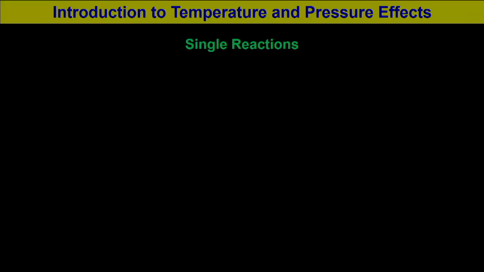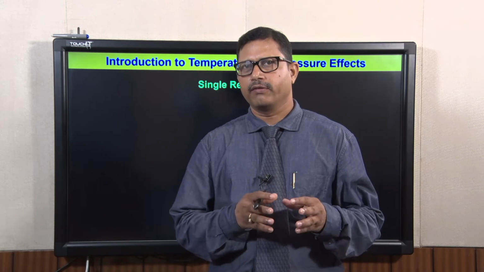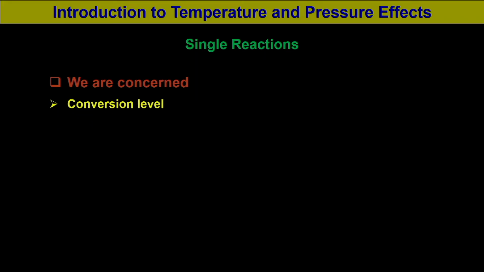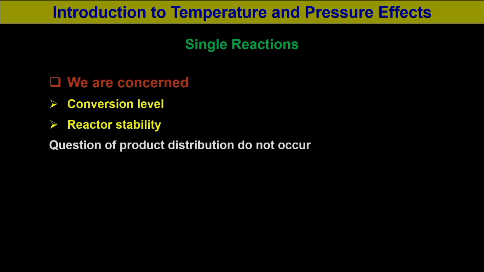Now, for single reactions, as we have discussed earlier, we are mostly concerned with the conversion level it can achieve and the reactor stability, whether the reactor is stable up to those operating conditions. But we are not concerned about the product distribution, which is not applicable for the single reaction.